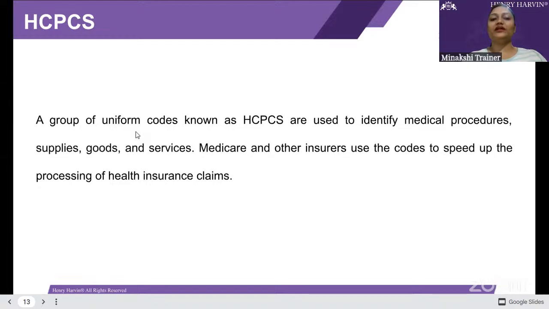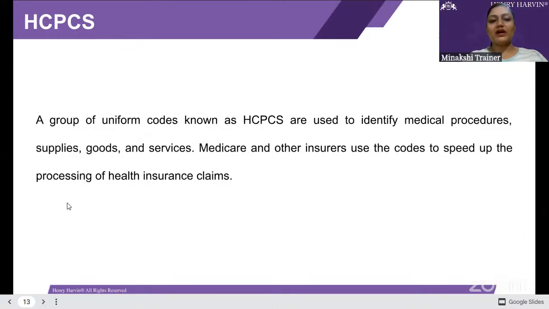Now I hope you understand the difference between ICD, CPT and HCPCS. In HCPCS, there is no chapter specificity, only code categories. It is the easiest type of coding, and you will be getting 3 to 5 marks of questions in your CPC examination.